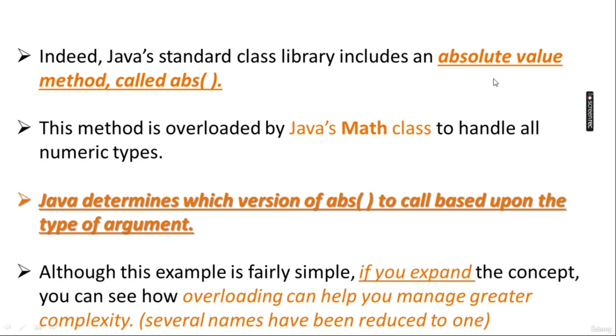So for these simple examples, you will not understand the usage of method overloading. But if you expand the concept, you can see how overloading can help you manage greater complexity, because several names have been reduced to one name and you have to remember only one name.